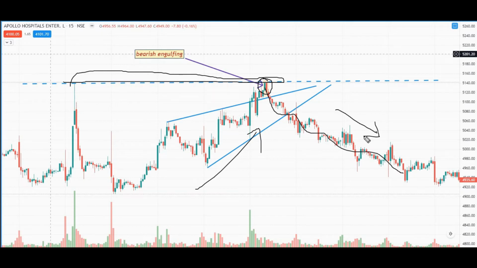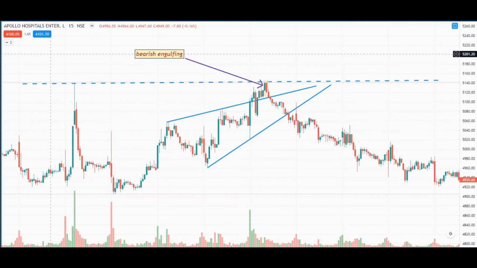Okay, so do combine multiple confirmations like structure, volume analysis, trend analysis, and then look for a potential candlestick pattern which will confirm your bias, and then look for a trade in that direction. So do not take a trade by just analyzing a candlestick pattern. You should always combine it with multiple things in the markets. Okay, so now let's look at another example.